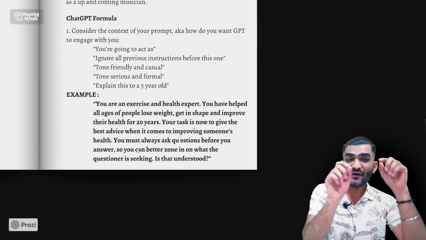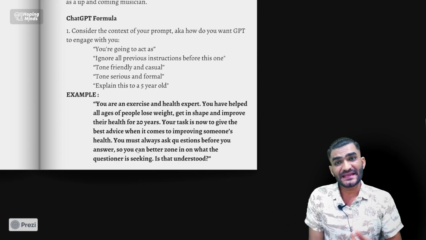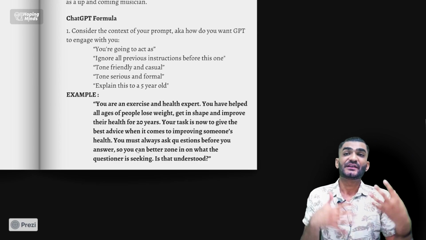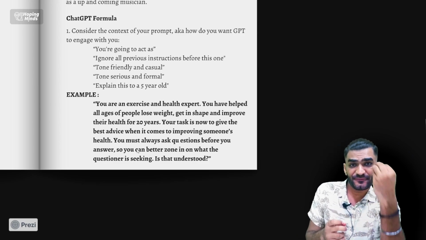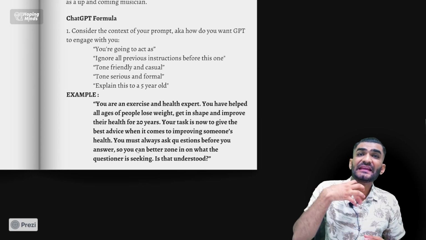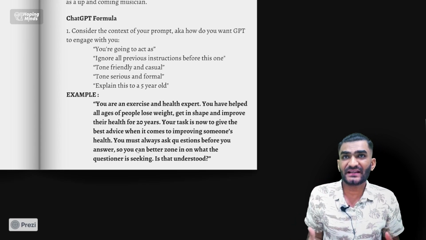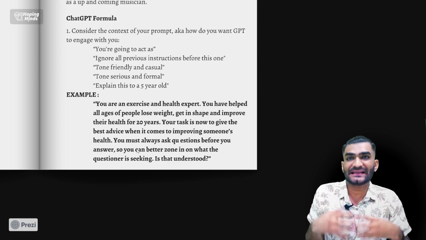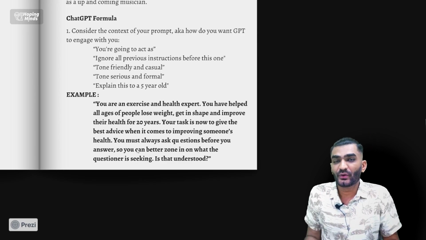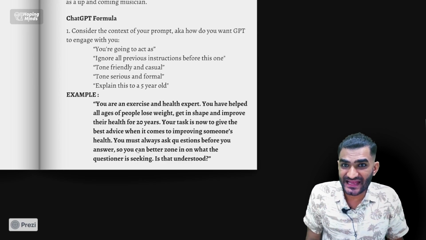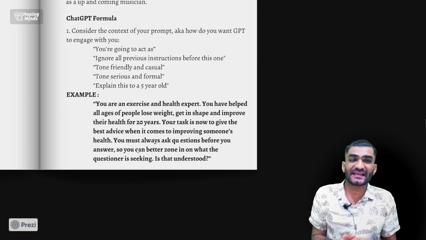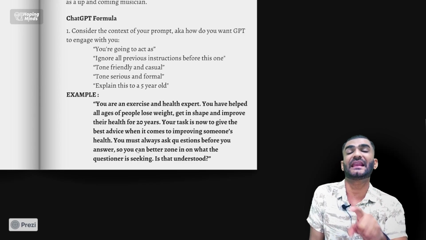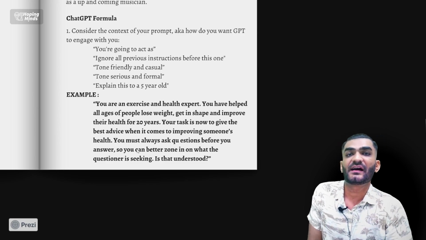I want it to advise me as per my requirements. So I'm asking it to first ask me a few questions so that it knows me better: what exactly I do, what I don't do, do I exercise, what do I eat, how many times I eat. It will ask all these things, then analyze, and then give me the result.